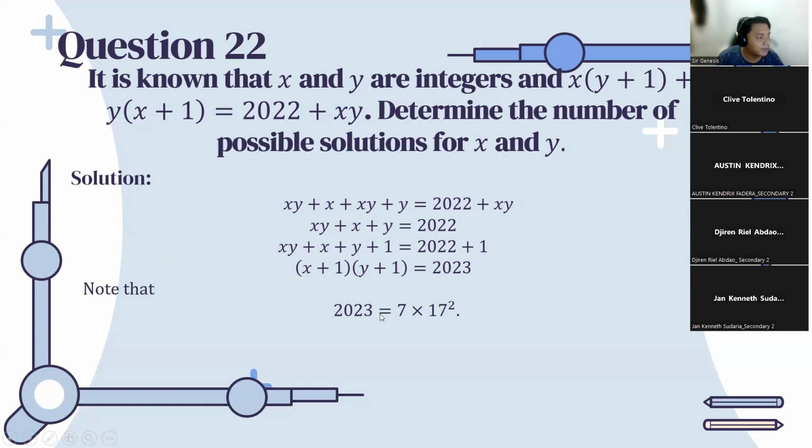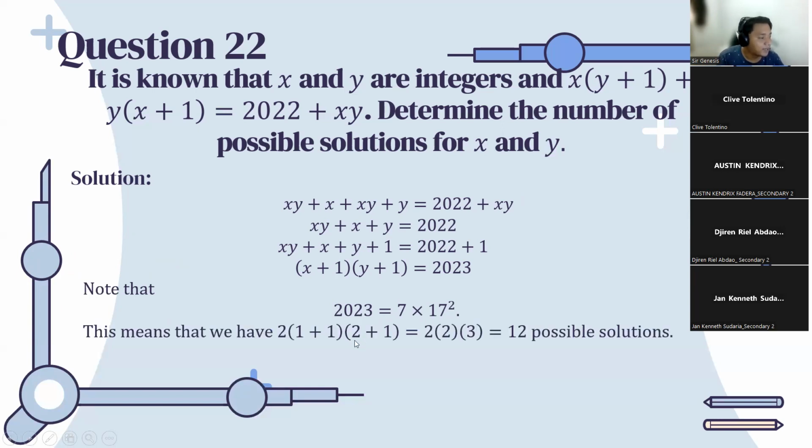So note that 2023 is equal to 7 times 17 squared. So that means that the total number of possible solutions, or total number of factors, will be 2 times, because of course we can have x and y as negative values. So that will be 2 multiplied to 1 plus 1, because you just get the exponents and then add 1 in order to get the number of positive factors.